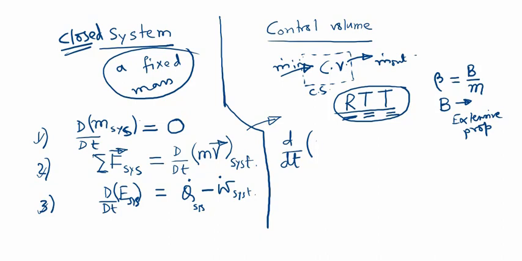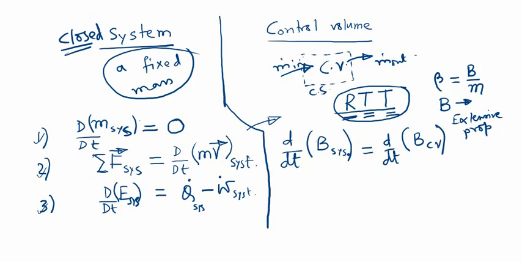of this B. We want to find out how this property B is changing with time in a system, and how this is related to the change of this property in the control volume.